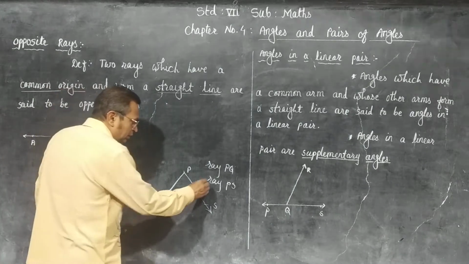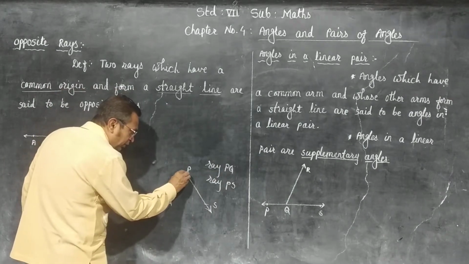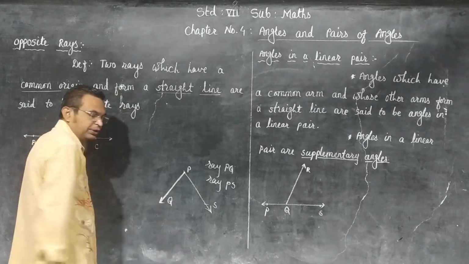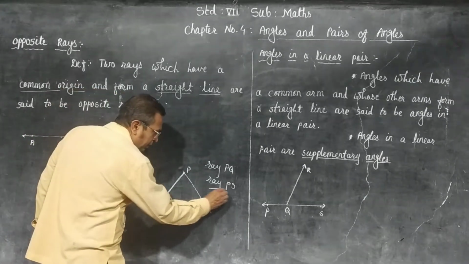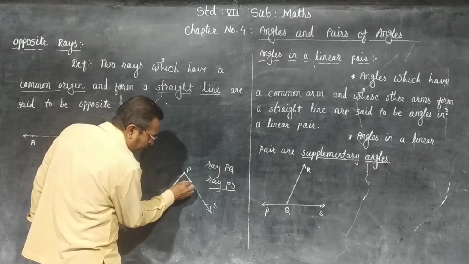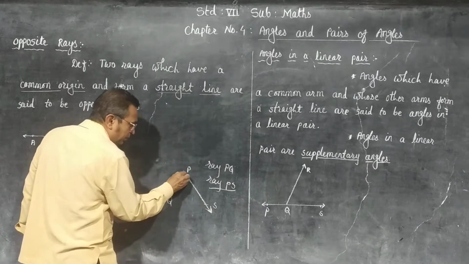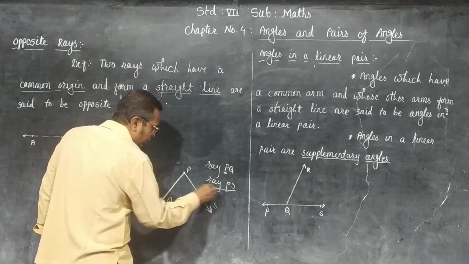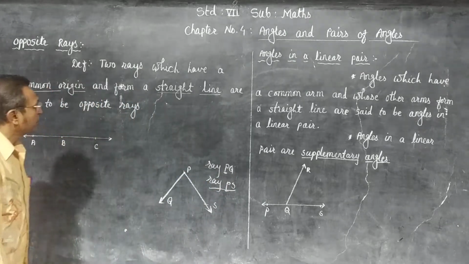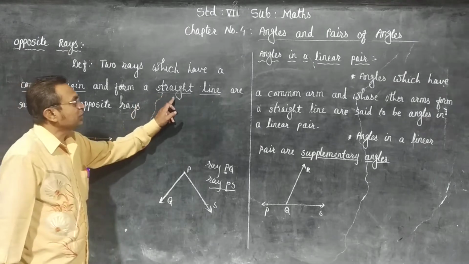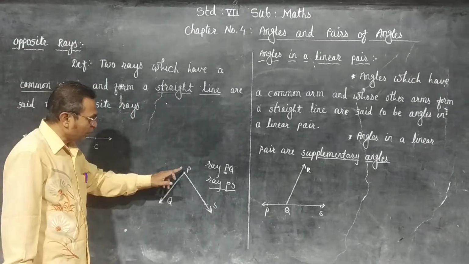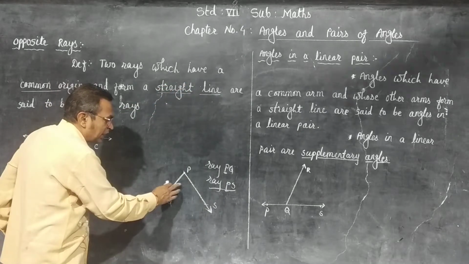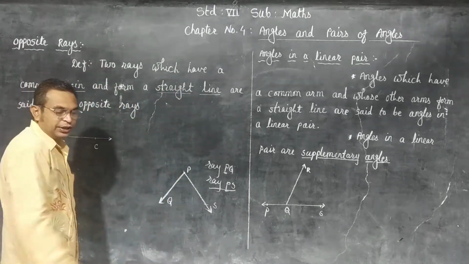The origin means the starting point of ray PQ is point P, and the starting point of ray PS is also P. P is the common origin. This is the origin point of both rays. But they do not form a straight line, and therefore these are not opposite rays.